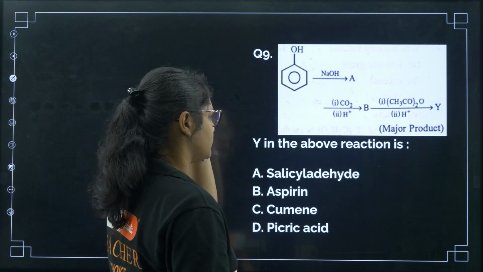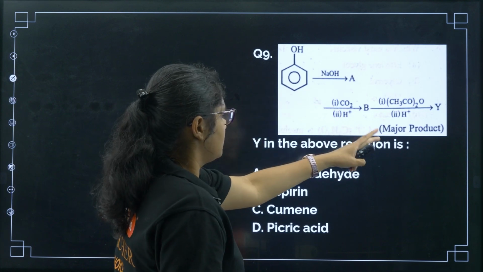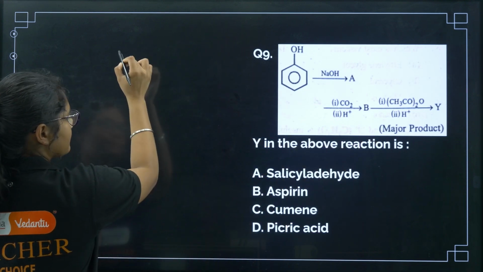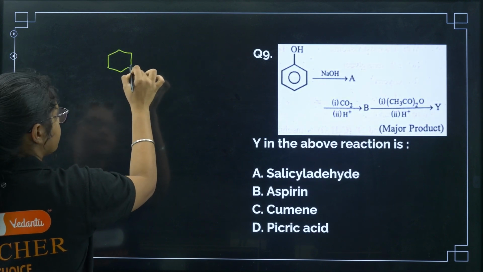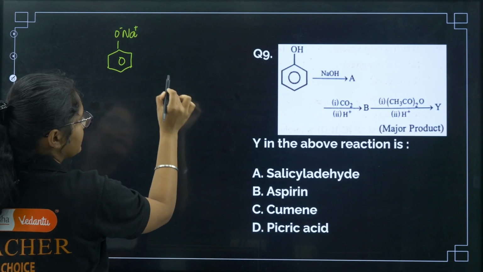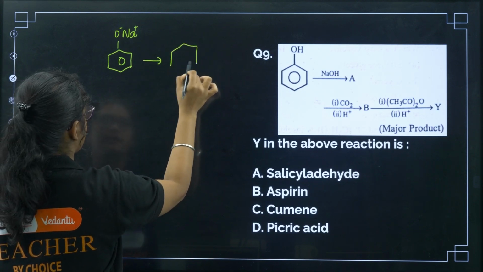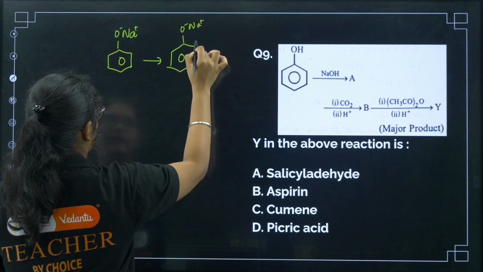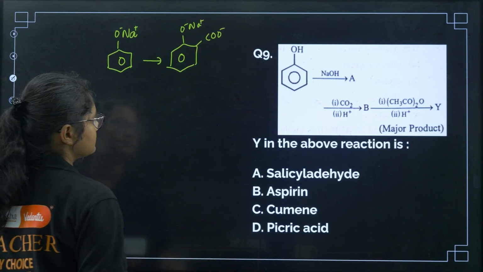So you need to find out the product here. The Y in the above reaction is, so let us see what A will be. First you will have phenoxide ion. Then if you treat with carbon dioxide, you will get O minus Na plus and COO minus, right?